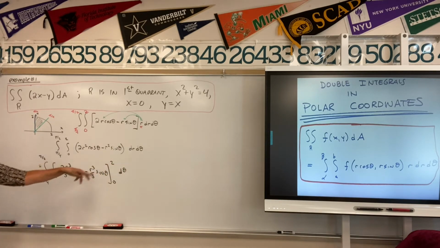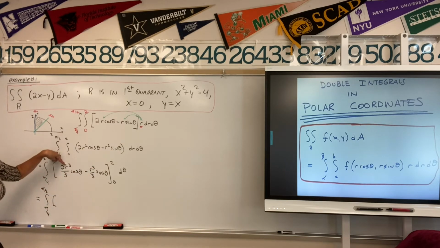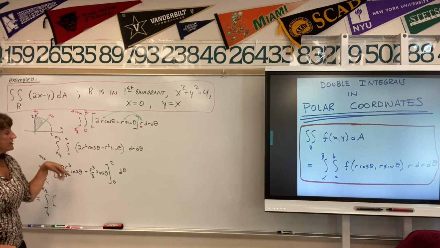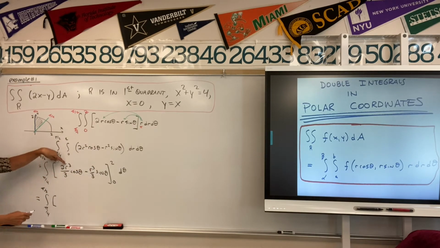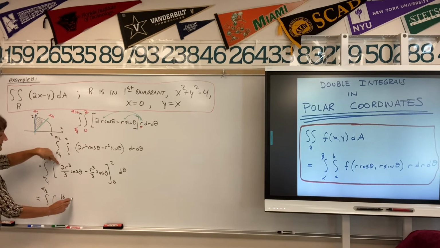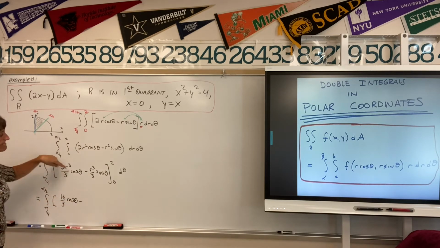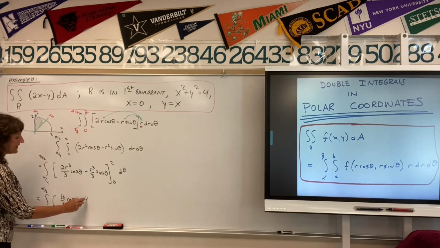So we plug in 0 to 2 for the r's. Plug in the upper bound for r: 2 cubed is 8, times 2, so this is 16/3 cosine theta minus 8/3 sine theta.